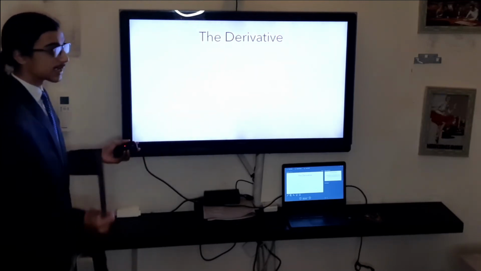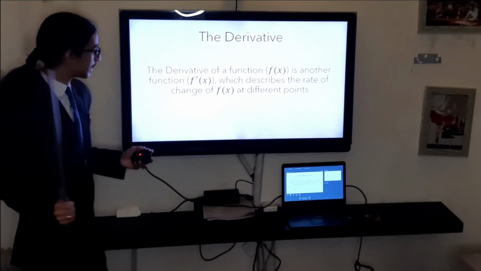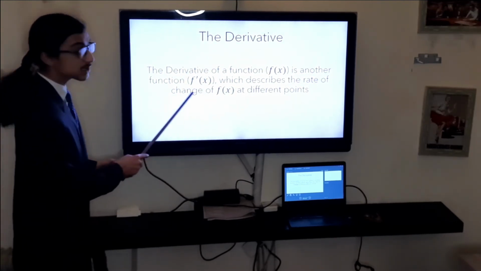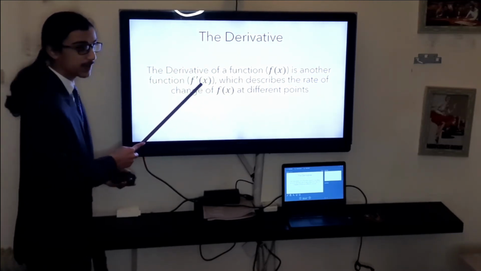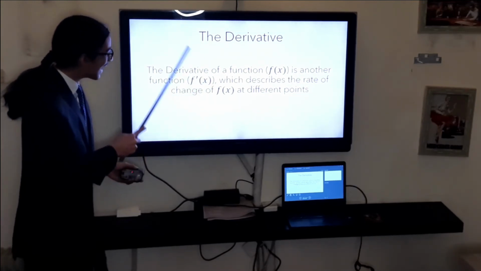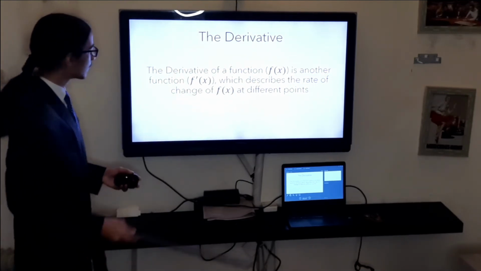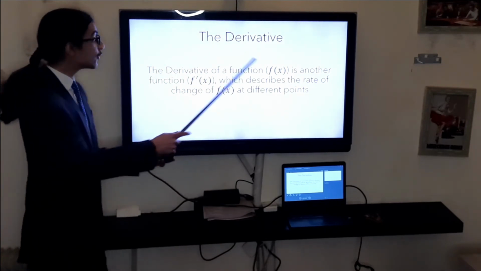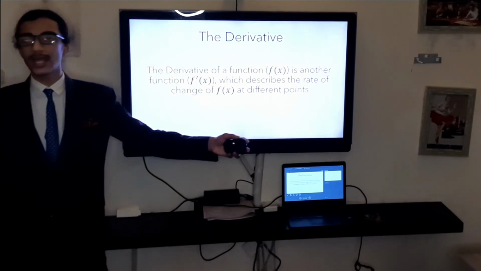So let's revisit this idea of the derivative, and hopefully at this point this definition becomes slightly clearer. If I take the derivative of a function, it's just another function. And the value of this function, f prime of x, which we write as the derivative, this is a standard notation, is just the rate of change of f of x in and around different points. So if I put x equal to 2 here, f prime of 2 is the rate of change of f of x in and around the point x equal to 2. Not between 2 and 5 or 2 and 7.